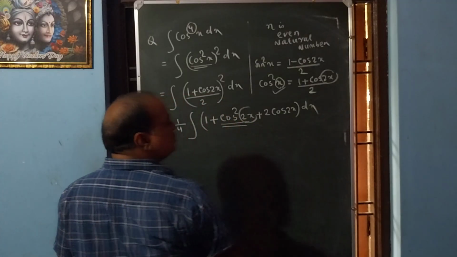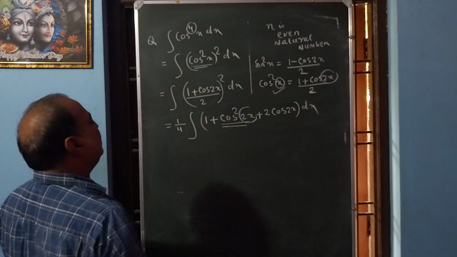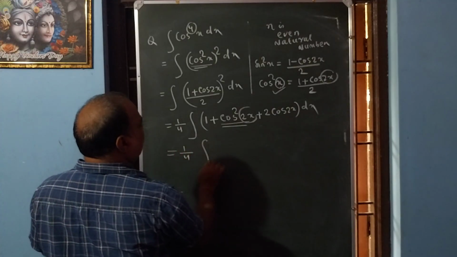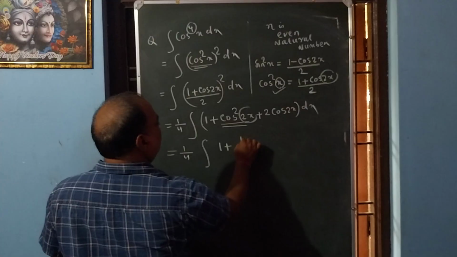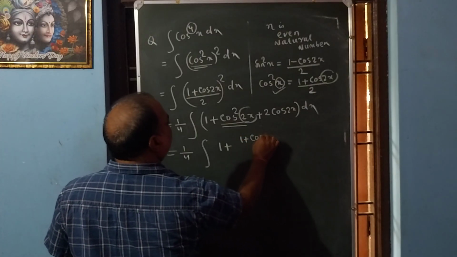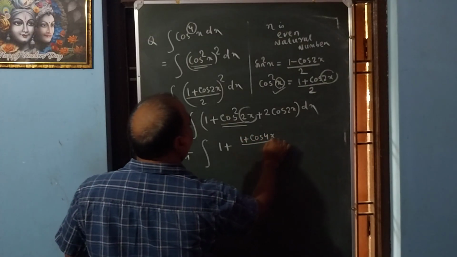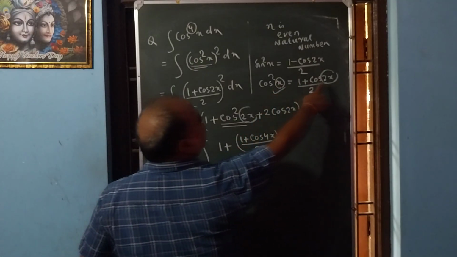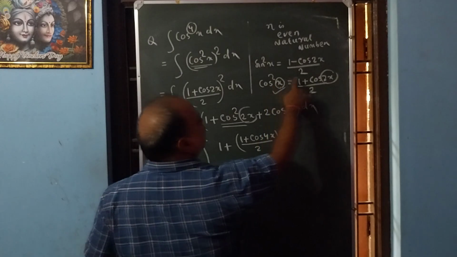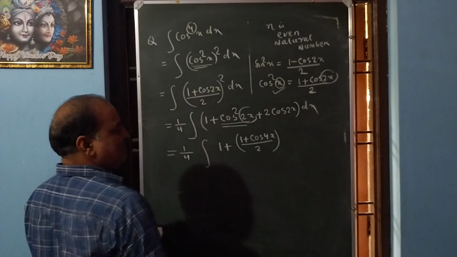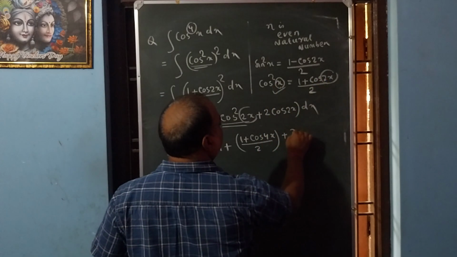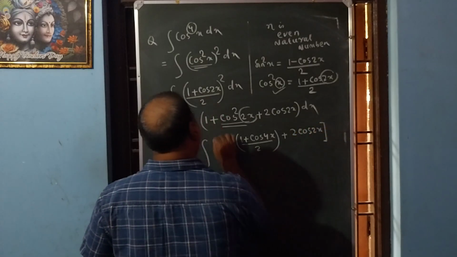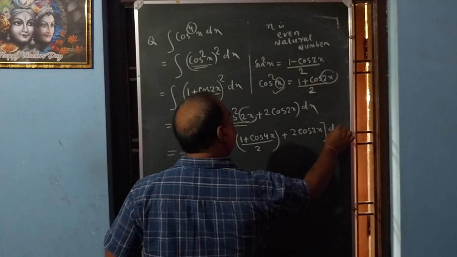So in place of cos square 2x, we write 1 by 4 integration of 1 plus cos 4x by 2, because when it is 2x, then it becomes 4x. So here 2 cos 2x whole into dx.